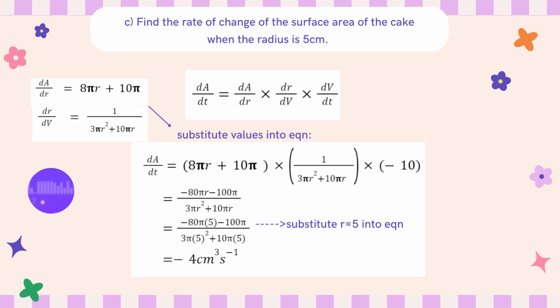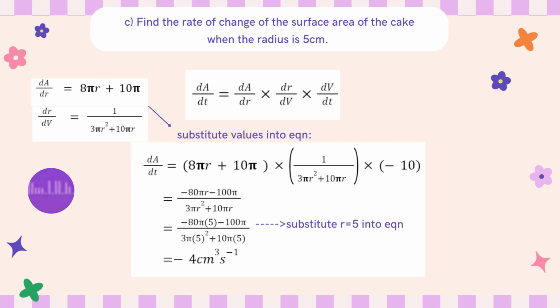Now that we have obtained all the values needed to find dA/dt, we can substitute the values into the equation. dA/dt equals dA/dr times dr/dV times dV/dt. After substitution, the equation is dA/dt equals 8 pi r plus 10 pi times 1 over 3 pi r squared plus 10 pi r times negative 10. After multiplication, we get negative 80 pi r minus 100 pi over 3 pi r squared plus 10 pi r.